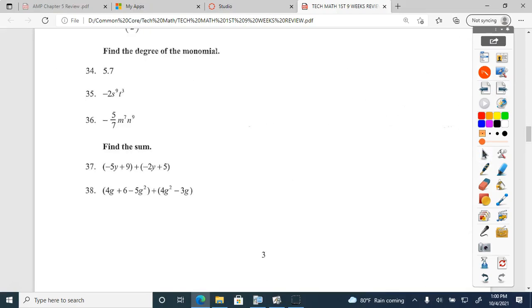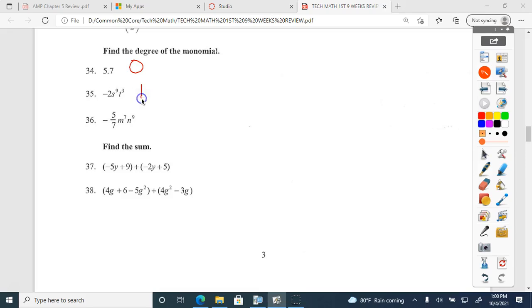Okay? So, degree. Degree means we are looking for the highest what? Exponent. If there is no variable, it is 0. Okay? If there's more than one variable, what do you do with the exponent? Add them together.